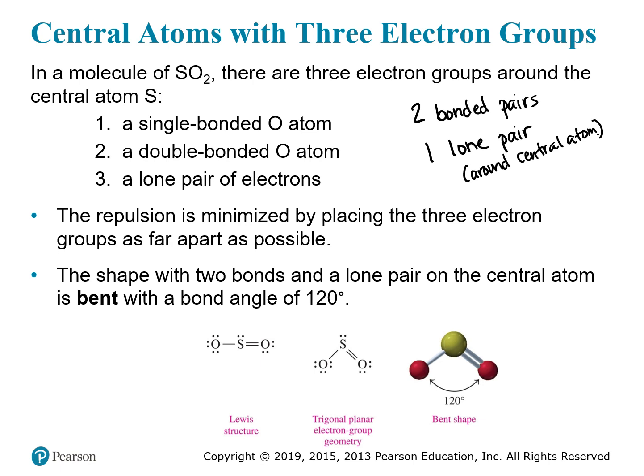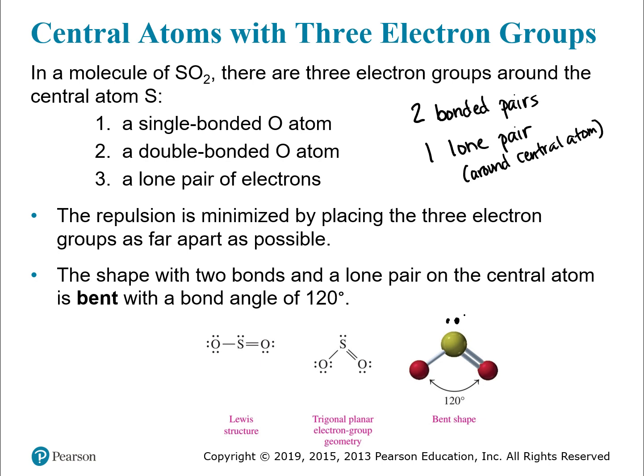But in this configuration where you have 2 bonded pairs and 1 lone pair, still 3 electron groups, but one of them is a lone pair, you have a bent shape. So I drew in that lone pair for the sulfur.